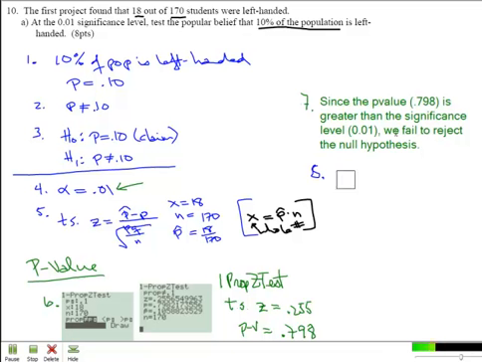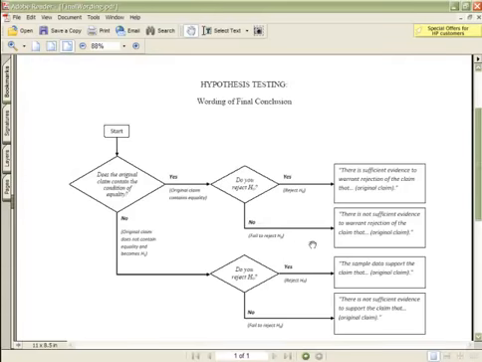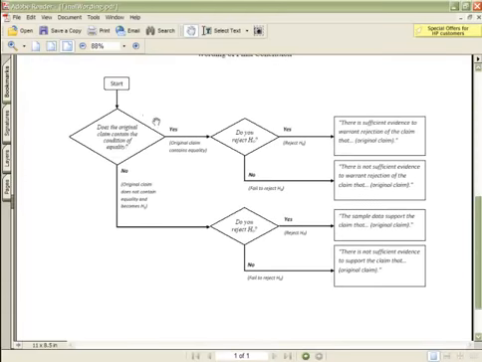And I referred to the flowchart a bunch of times, or in a couple of problems, and I didn't actually show it. So this time I'd like to show the flowchart here. This is the flowchart that I've been referring to, and at the end of the problem in step 8, what we want to do is go through a process of asking yourself some questions and then using the exact wording here. So does the original claim contain a condition of equality?